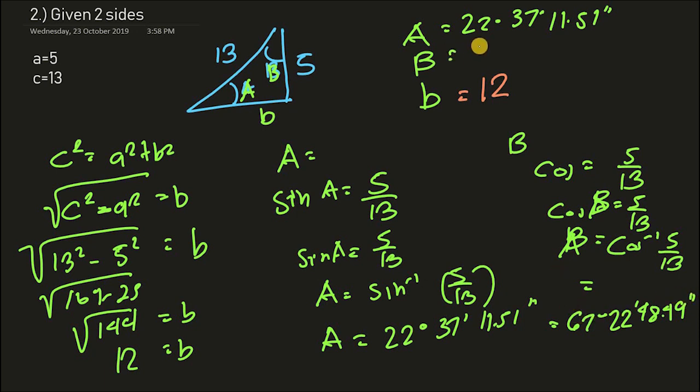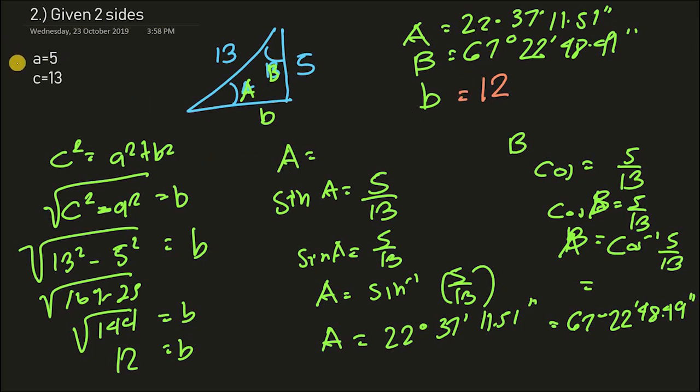So the value of our angle B is 67 degrees, 22 minutes, 48.49 seconds. So to prove that this answer is correct, A plus B should be equal to 90. And as we can see, it's looking like equal to 90.